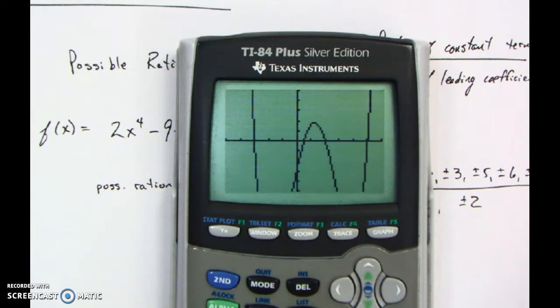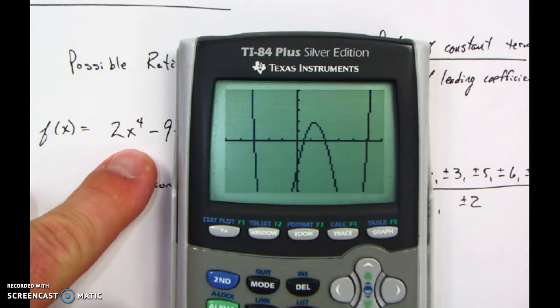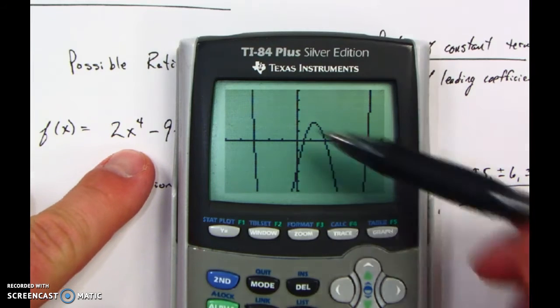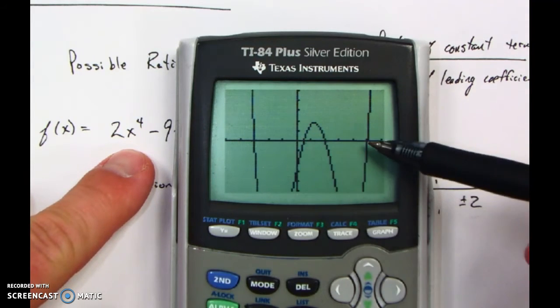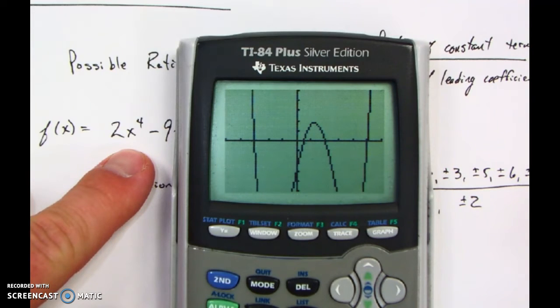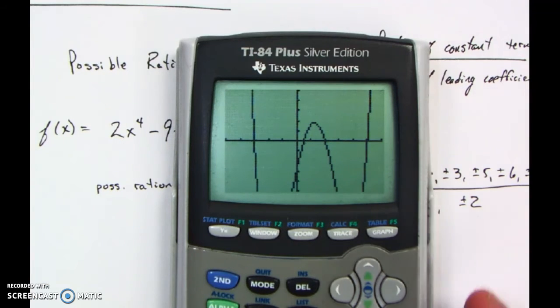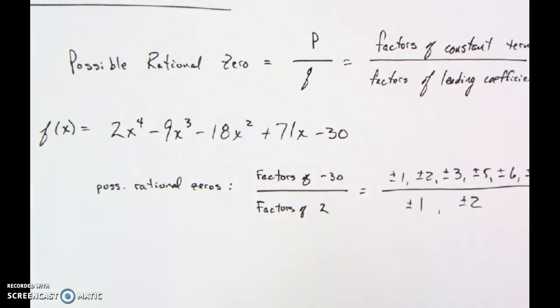What we can then do from our graph is see that, because it was fourth degree, we were expecting a possibility of 4 zeros. It looks like all 4 of them are real, because they're all crossing the x-axis. And what we can then do is use synthetic division and start dividing.